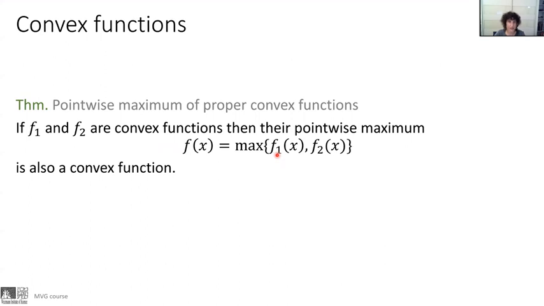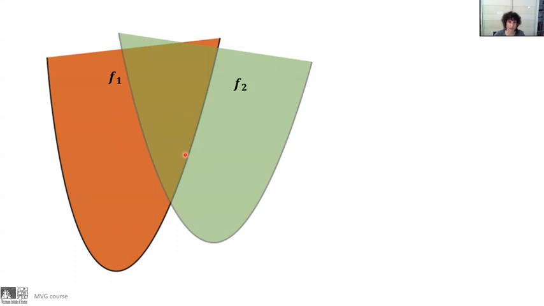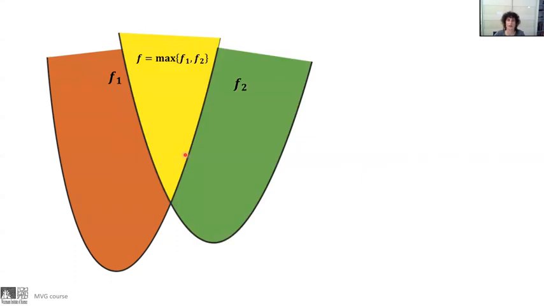Here it is. If I take the maximum of convex functions, f1 and f2, pointwise, then if f1 and f2 are convex, the maximum is also a convex function. Very easy to see from the definition of a convex function. So if this is f1 and this is f2, then this is the maximum. And the maximum is also a convex function, not necessarily differentiable.